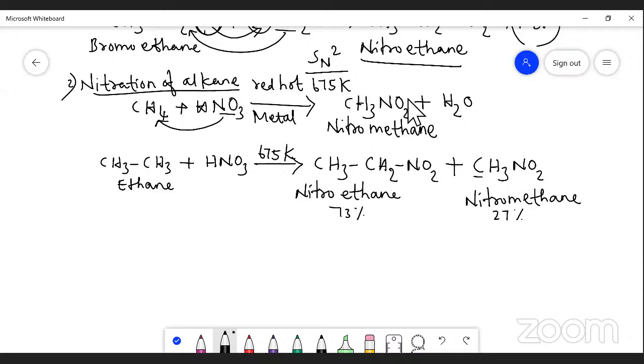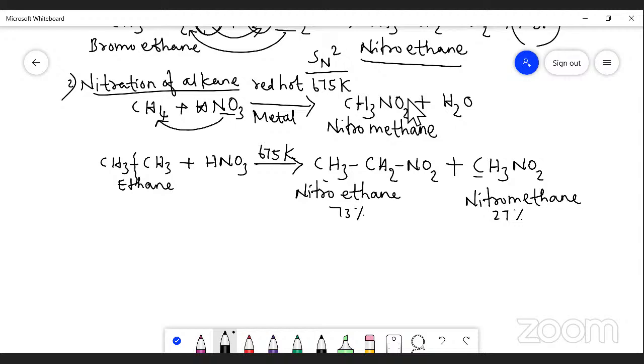So the major product is nitroethane. And in this reaction there is a cleavage of a carbon-carbon single bond.